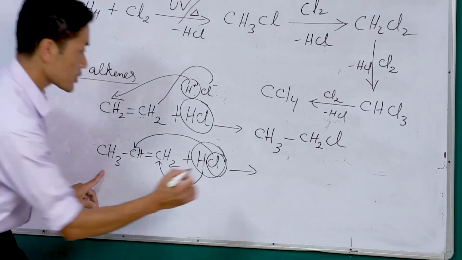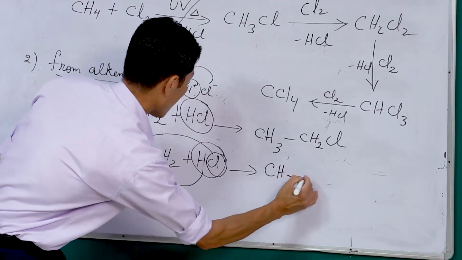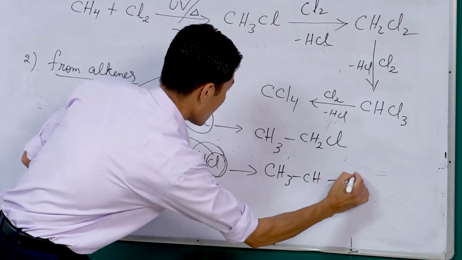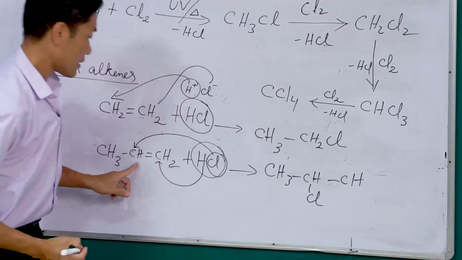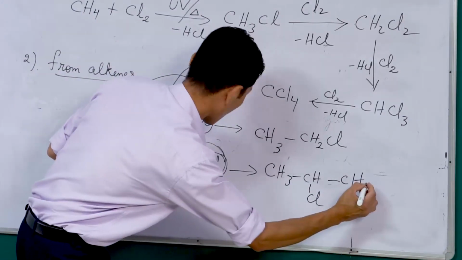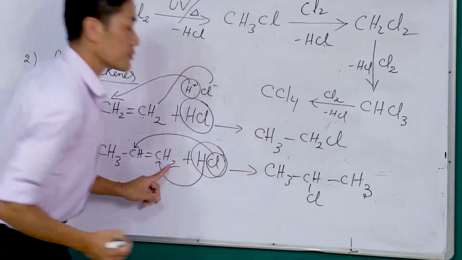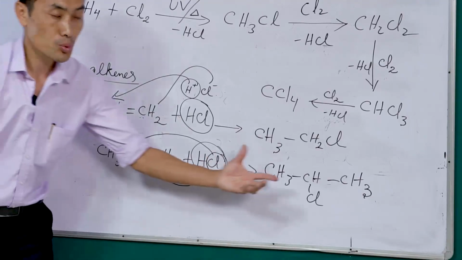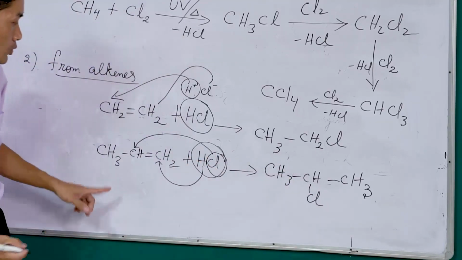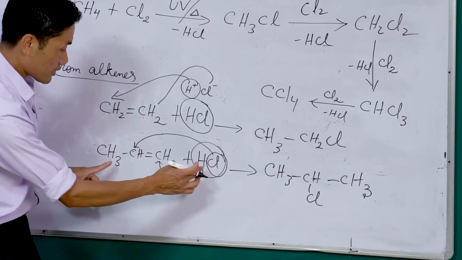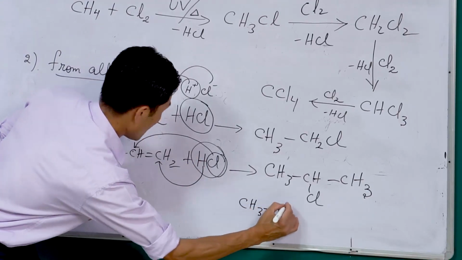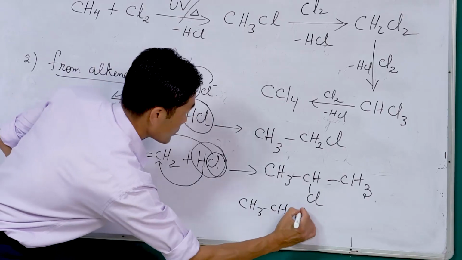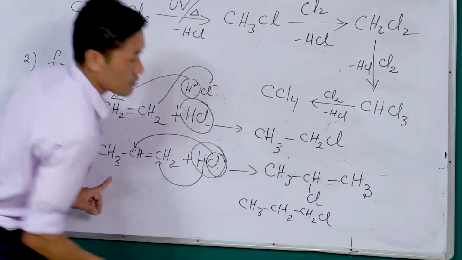So the product formed will be CH3CH, Cl will come here, and then the positive part, hydrogen, will come here. So we get this. So this will be the major product formed. The minor product may also be obtained, and it will be CH3CH2CH2Cl.